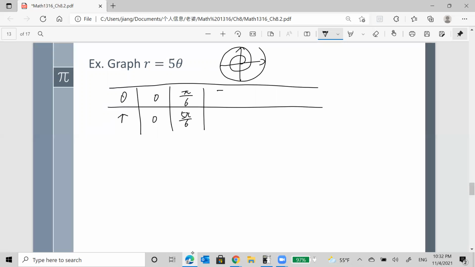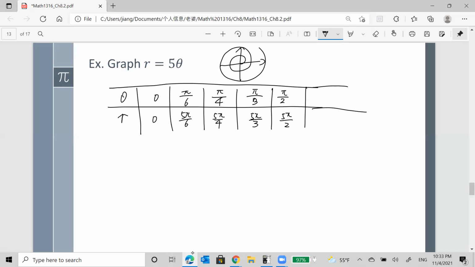Continue to do pi over 4, that's 5 pi over 4. And then pi over 3, that's 5 pi over 3. And then continue pi over 2, that's 5 pi over 2.